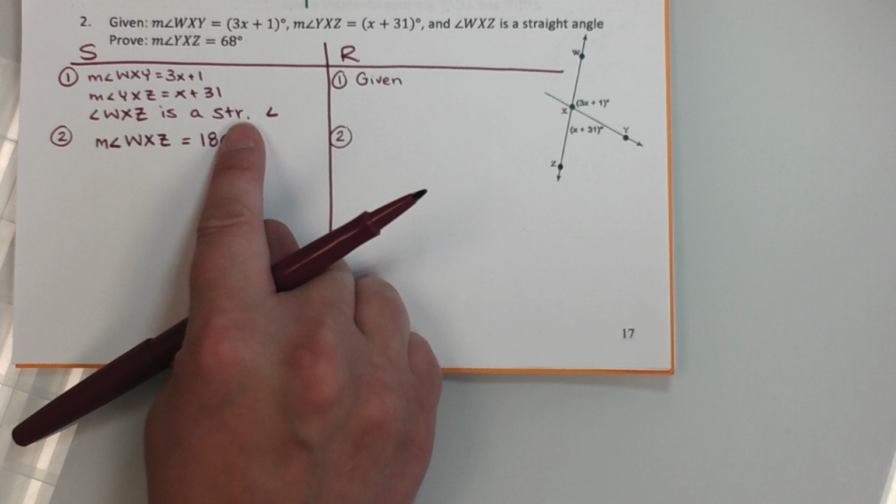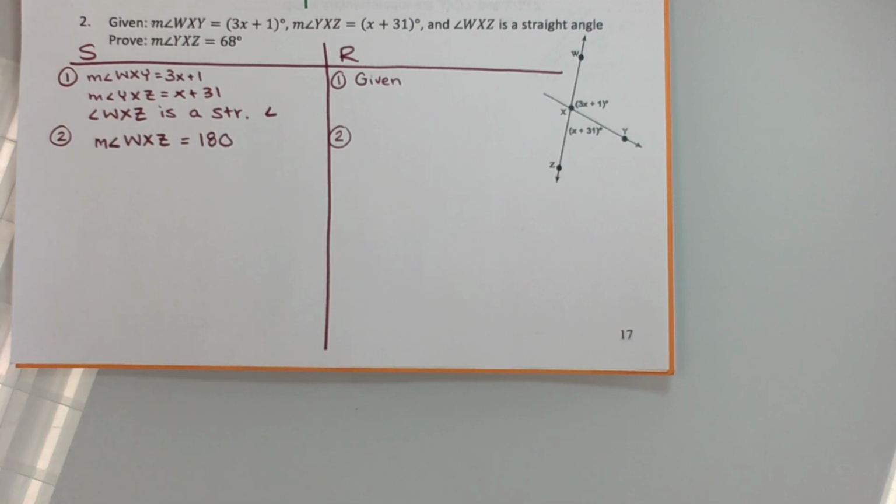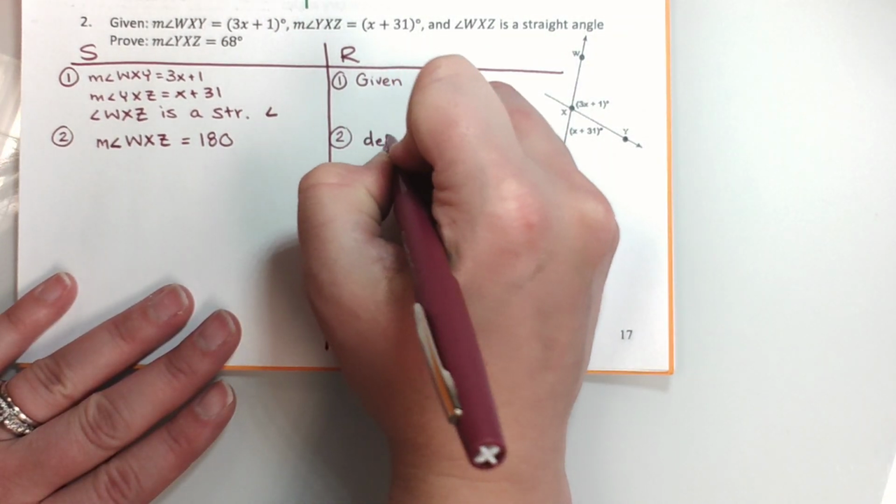True. What's its name? Look in the bolded stuff. Find straight angle. What's it called? Definition of straight angle. Yeah, it's the definition of the straight angle.